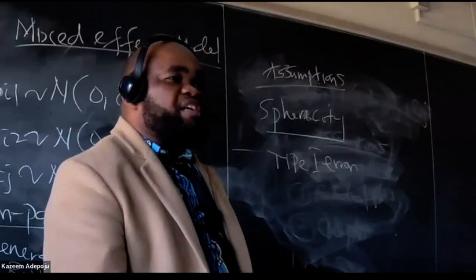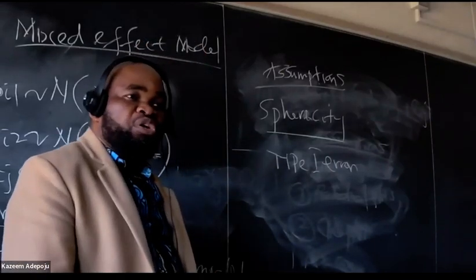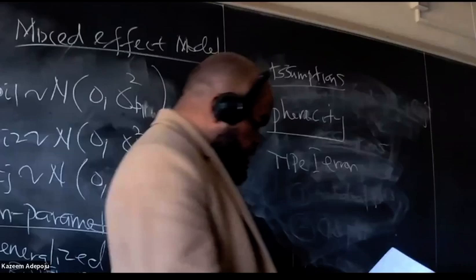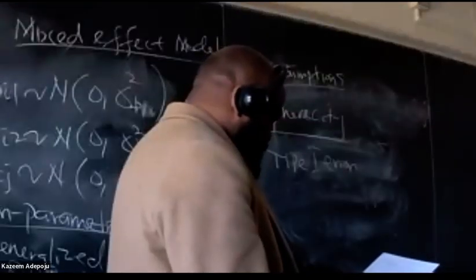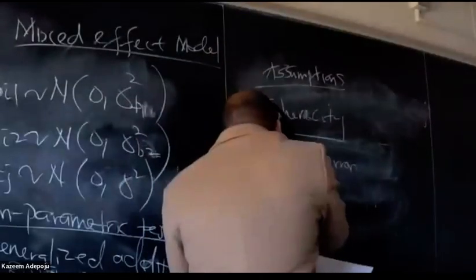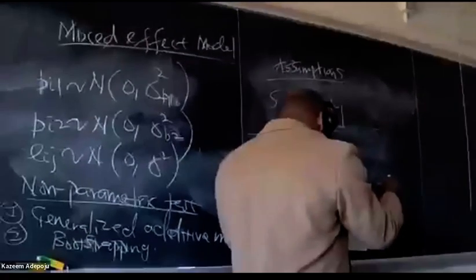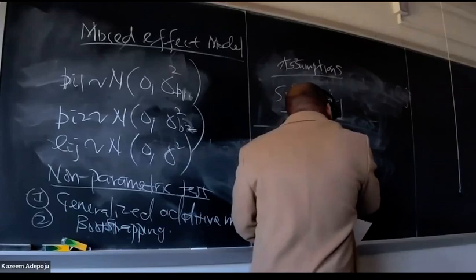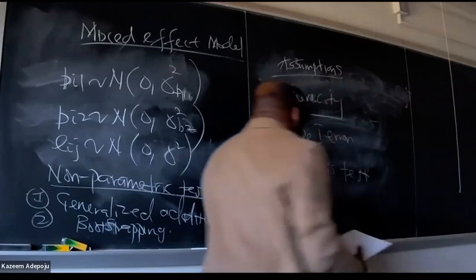What makes a statistical model valid? I have some tests of sphericity that we call Mauchly's test in the literature.